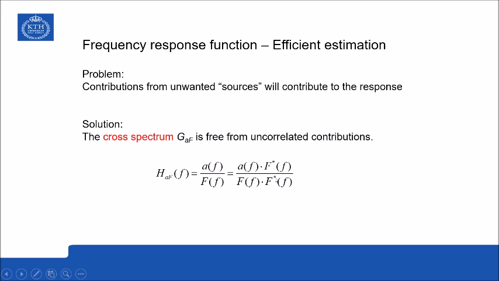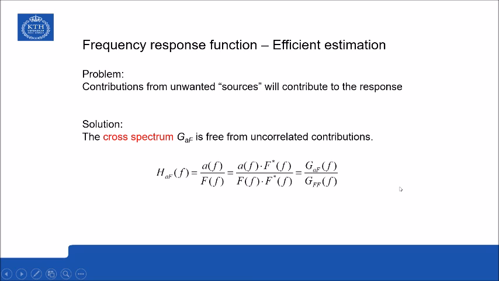So this star here denotes complex conjugation. And what we get now is, in the denominator we get the auto spectrum of the excitation, and in the numerator we get the cross spectrum between the response and excitation.